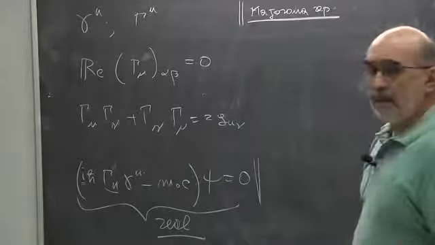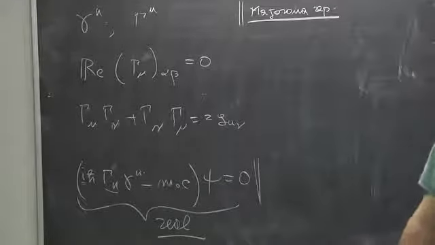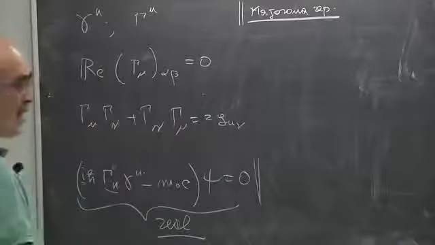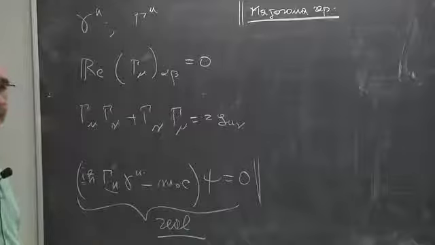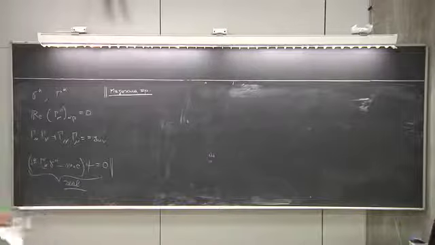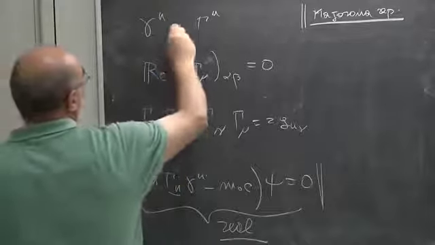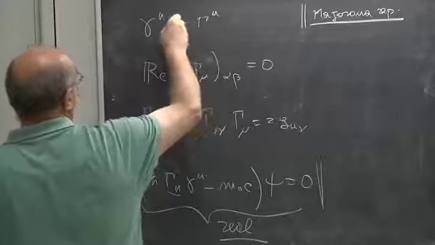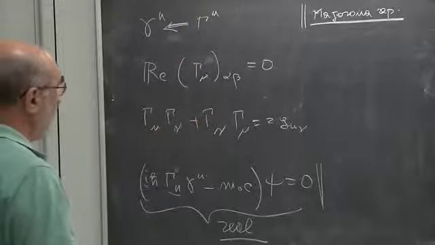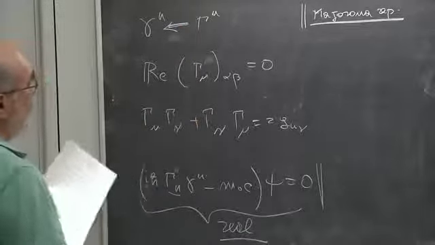Okay, so when you hear about the Majorana representation, it means many things, but basically it means Majorana was able to choose the gamma matrices, not the 16 gamma that I told you before, the gamma that are the analog of this. In that manner, the Dirac equation was real.